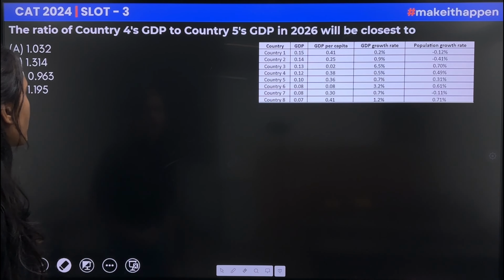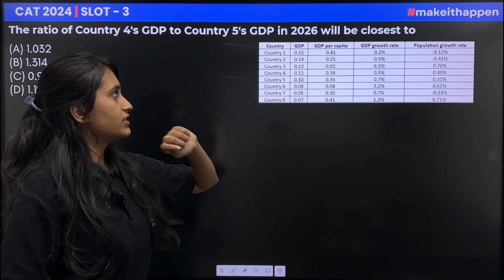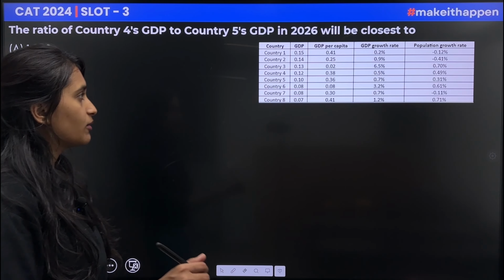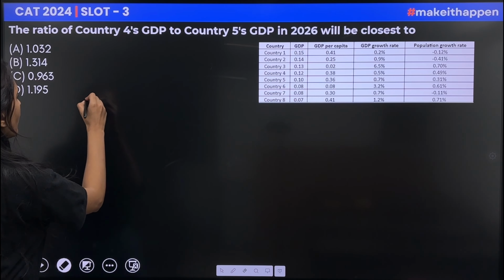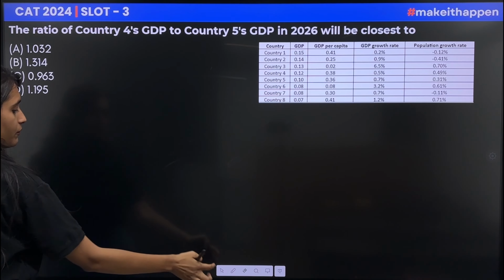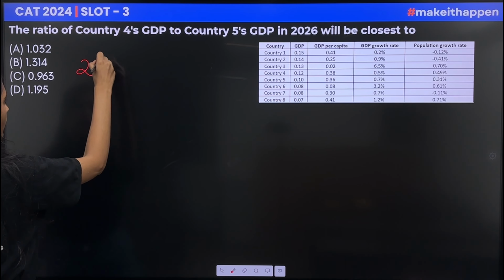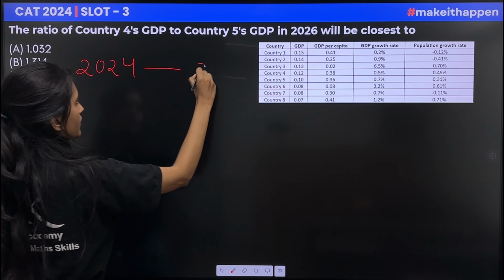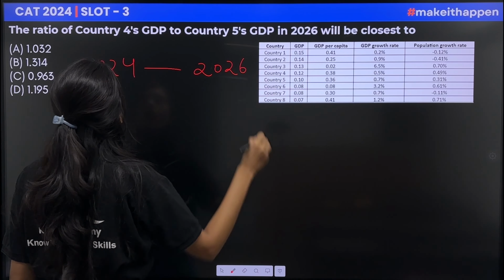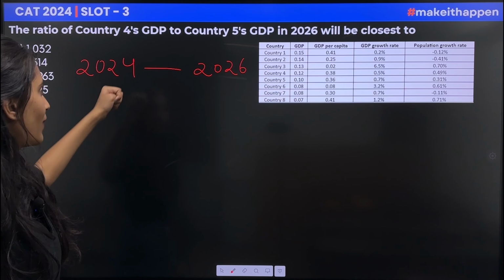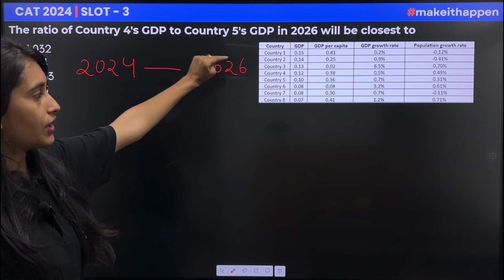The ratio of country 4's GDP to country 5's GDP in 2026 will be closest to. So we have been given the data of 2024 and we are asked for 2026, the comparison of country 4's GDP to country 5's GDP.